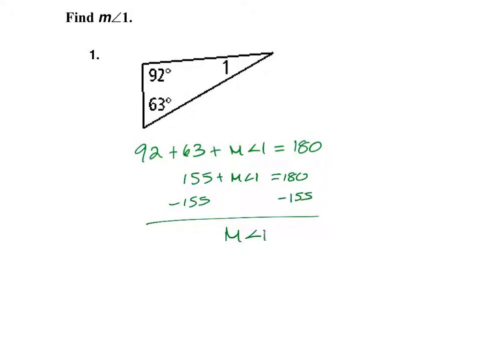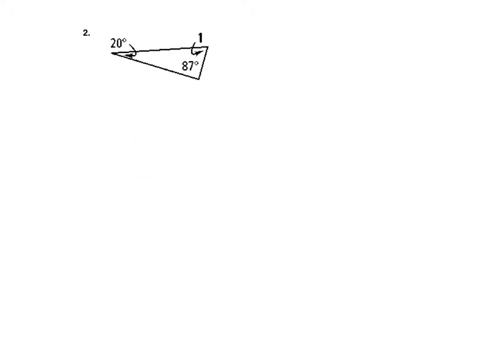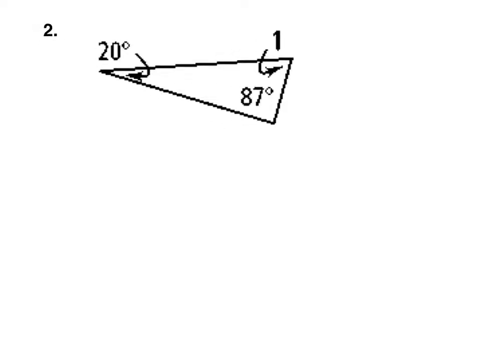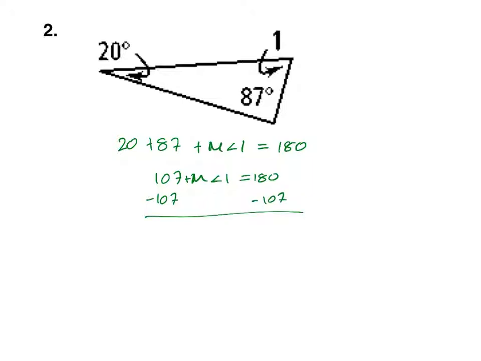The measure of angle 1 equals 25 degrees. Number 2, again, 20 plus 87 plus the measure of angle 1 equals 180. So 107 plus the measure of angle 1 equals 180, so minus 107. The measure of angle 1 is 73 degrees.